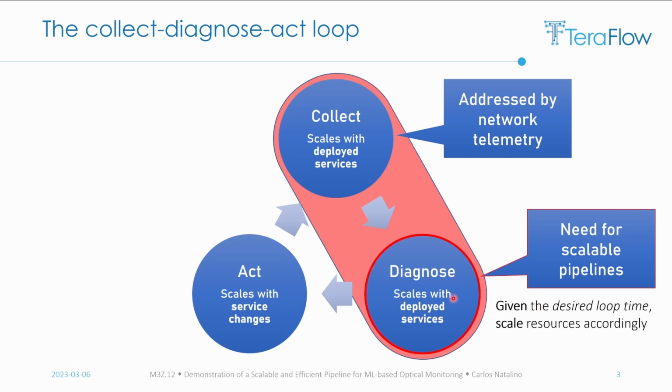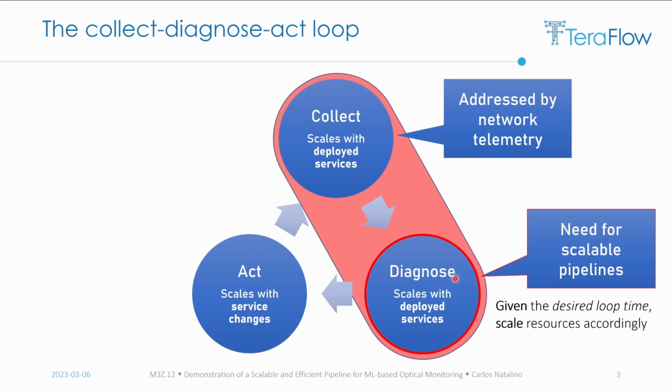The problem that we want to solve in this diagnosis, when it comes to scalability, is this: given the desired loop time, so let's say that we want to execute this diagnose every 1 minute or every 30 seconds, we need to scale the resources accordingly such that the desired loop time is met.